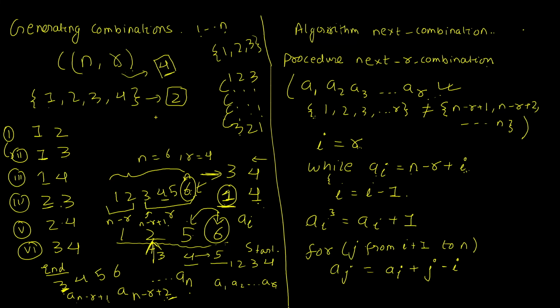So doing it slightly differently. See here, I have a 2 and I need to fill these 2 places. Now I know this is going to be a 3 and this is going to be a 4. All I want to do is to keep incrementing by 1 each time. But here, in order to get a 4, I'm not taking a 3 and incrementing by 1, but I'm taking a 2 and incrementing by 2. That also works. So I'm not defining in terms of the previous element, but in terms of the very first element.